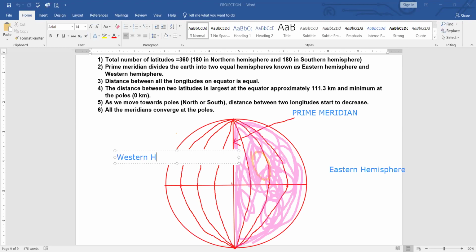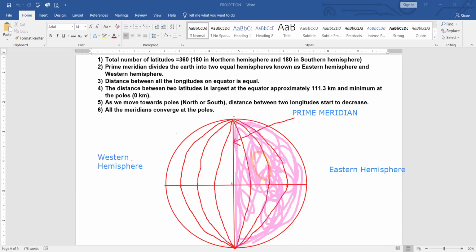This side is the eastern hemisphere, this side the western hemisphere, and this point we have all discussed before.